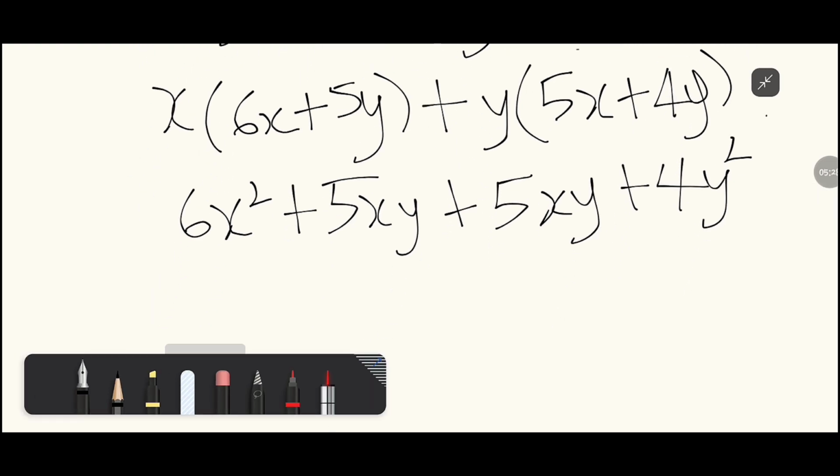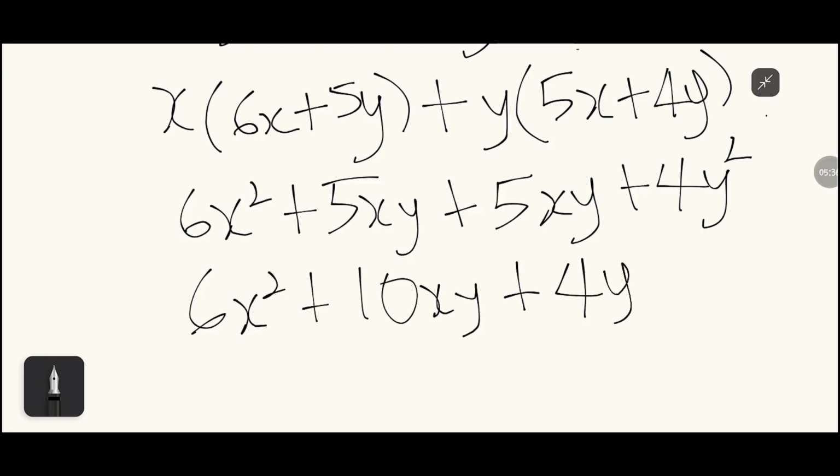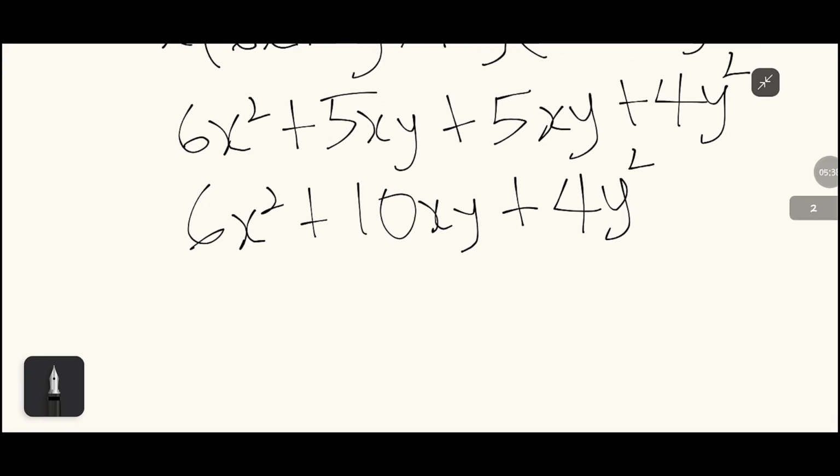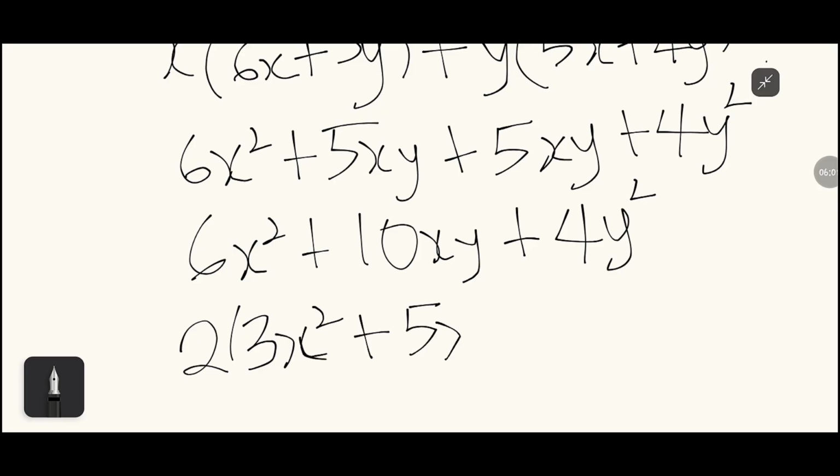So we are now going to be having 6x² + 10xy + 4y². Now, if you look at this, we can factor out 2 from it. So we're having 2 times (3x² + 5xy + 2y²).